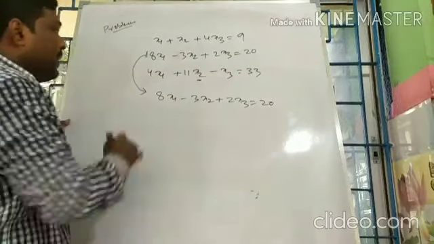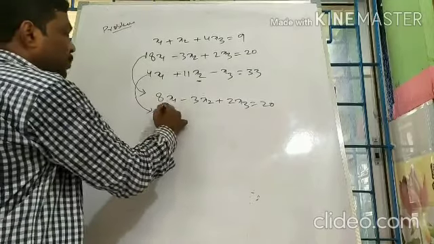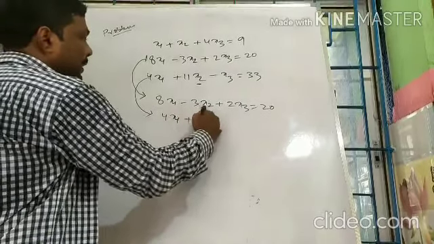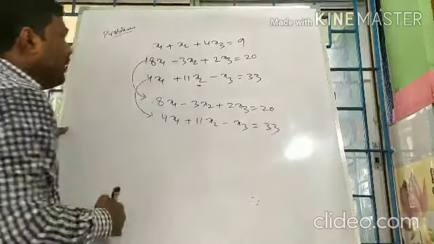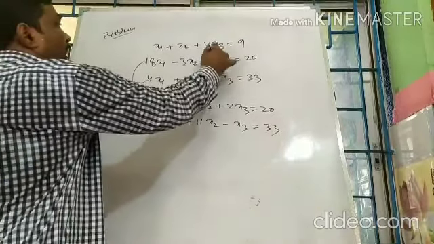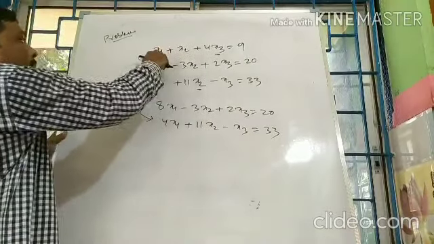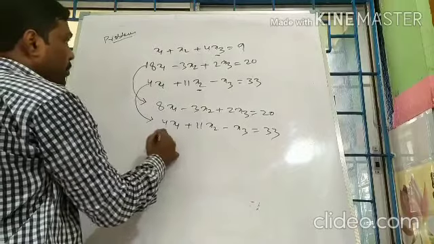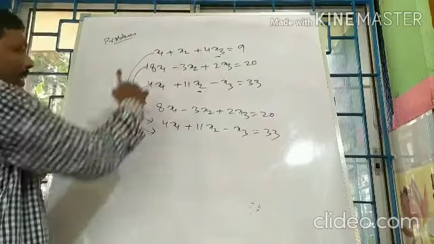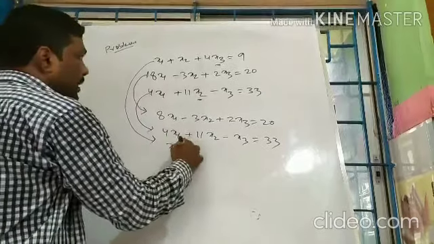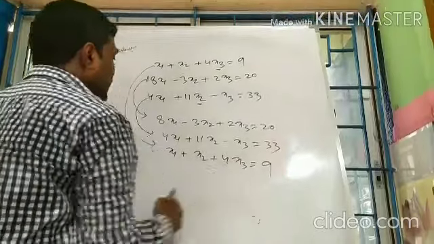So you can consider the third equation as the second equation: 4x1 plus 11x2 minus x3 equals 33. And for the remaining equation, the coefficient of x3 is 4, which is greater than 1 plus 1. So we consider it as the third equation: x1 plus x2 plus 4x3 equals 9.